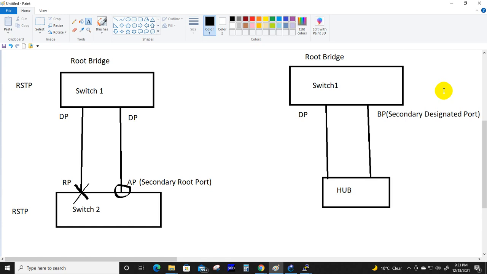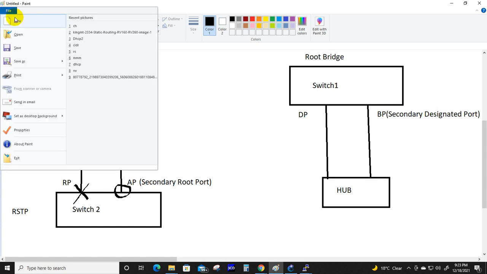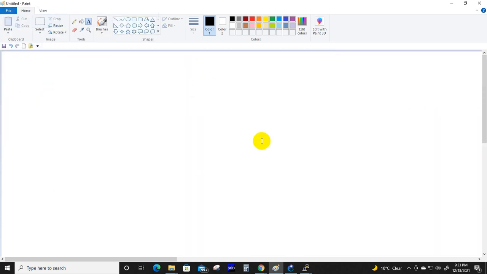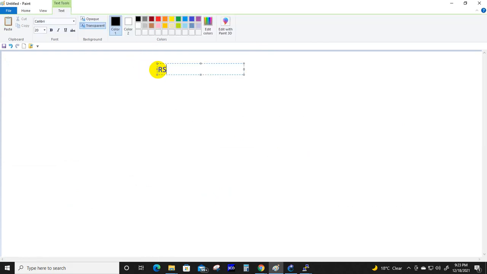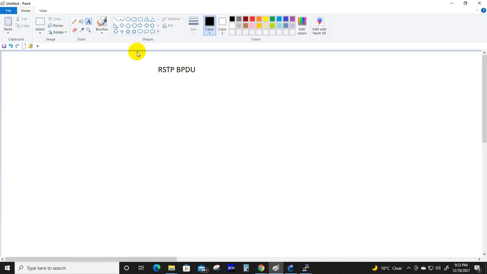The actual games in RSTP are played by its BPDU. RSTP BPDU. We know BPDU stands for Bridge Protocol Data Unit, a type of STP message exchanged between switches to share the information of the topology.